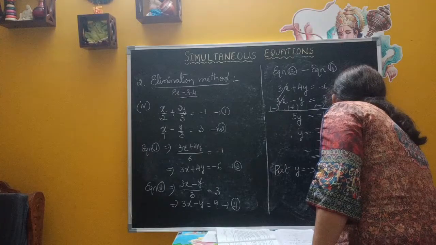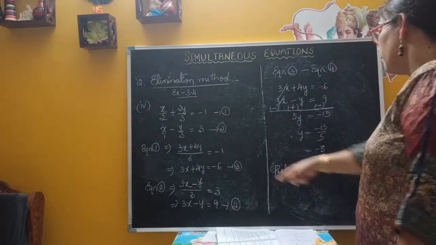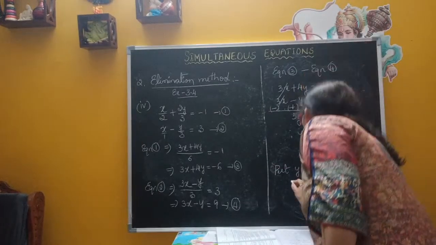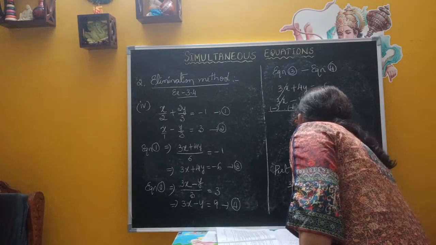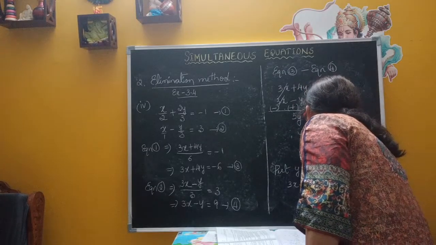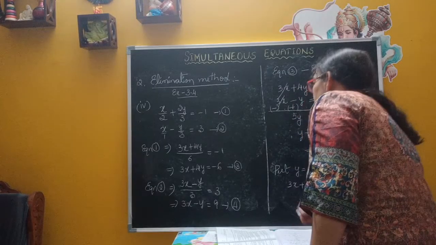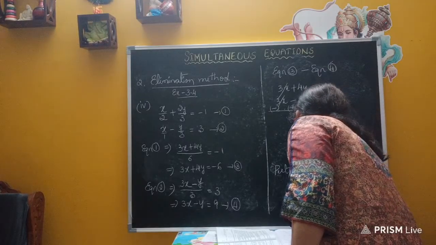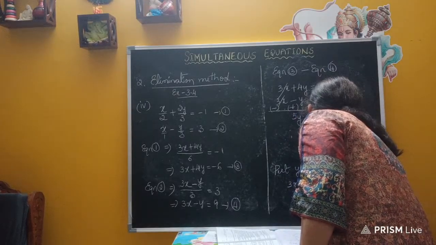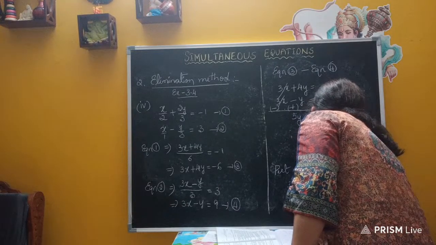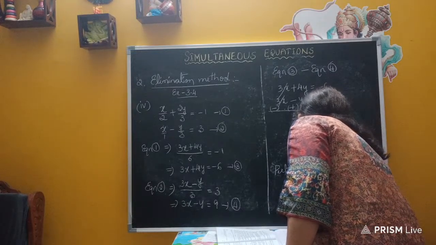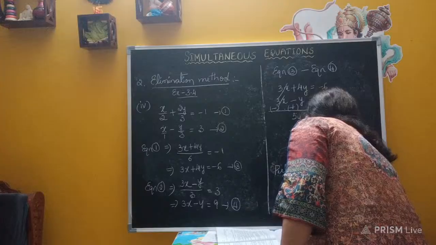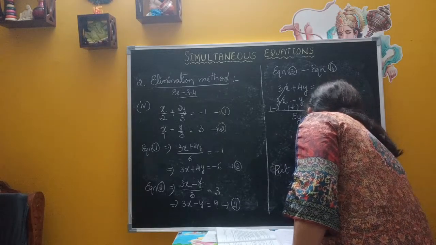Equation 3, we get 3x plus 4y, 4 times minus 3, is equal to minus 6. So 3x minus 4 3s are 12 is equal to minus 6. 3x is equal to minus 6 plus 12 if I transpose.